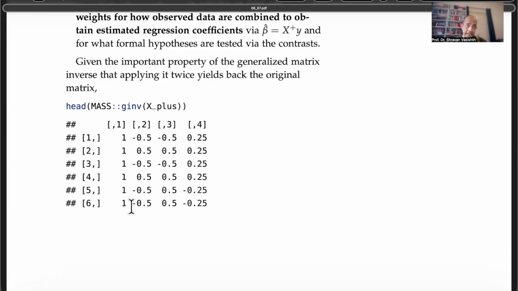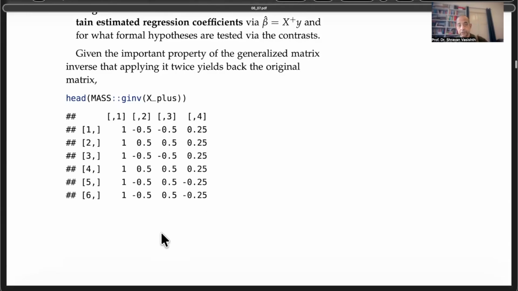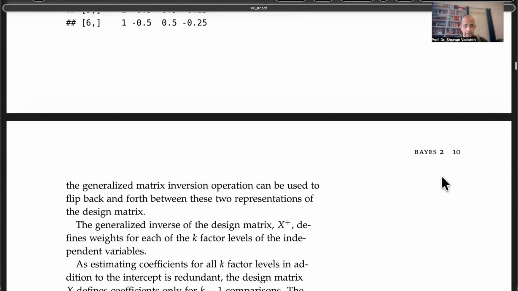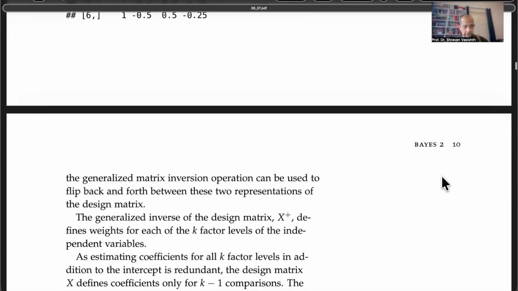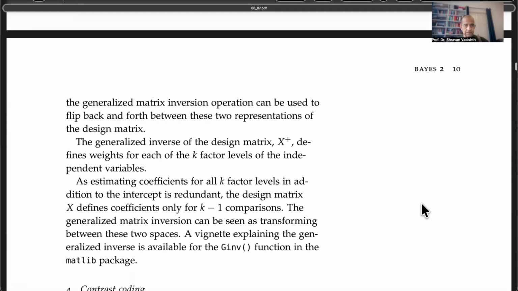So we get back the contrast coding that we had set up. The hypotheses that we are testing are actually encoded in this X plus matrix, and we can only see the actual contrast coding if we invert that matrix, okay? So we can flip back between the generalized matrix inverse and the contrast matrix using the design matrix, okay?